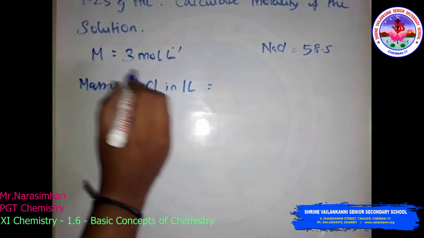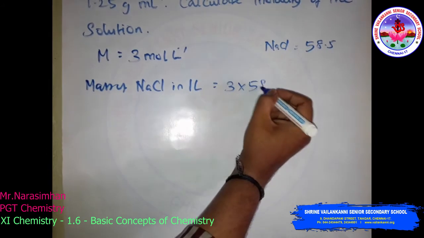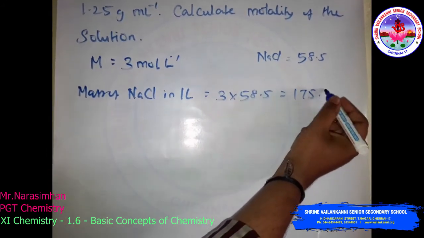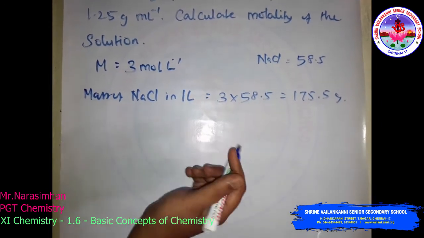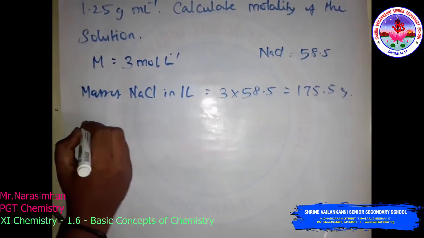So here the given is 3 mole. So 3 into 58.5 is equal to 175.5 gram. So mass of NaCl in 1 liter is equal to 175.5 gram.